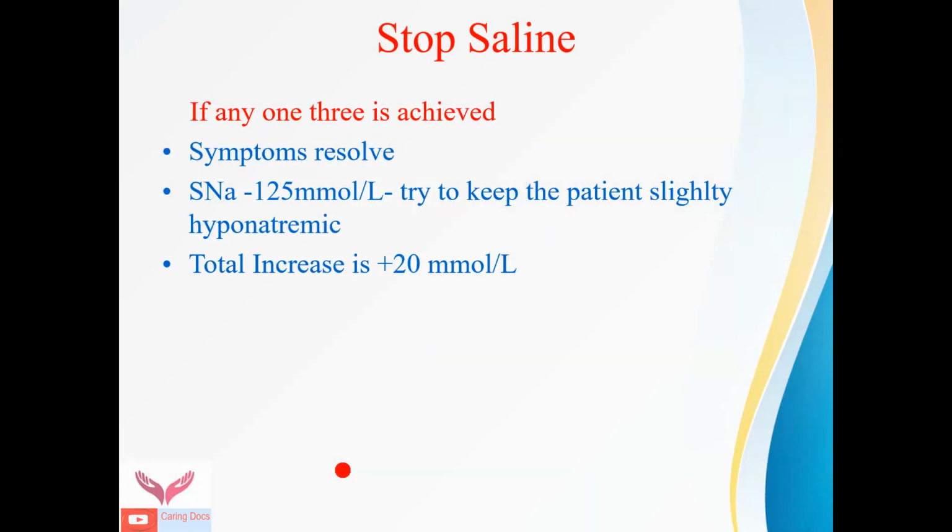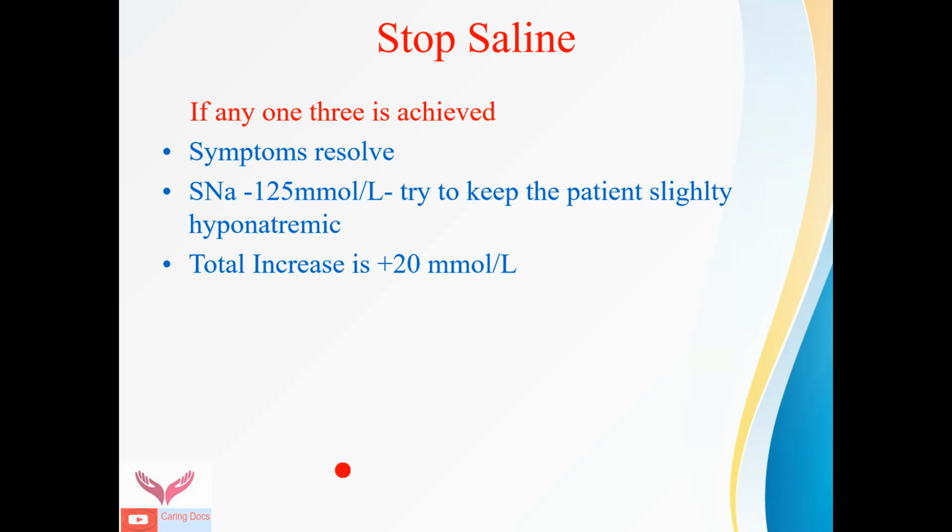When should we stop the saline? Stop the saline if any of these three things is achieved. First, the symptoms of the patient resolve. Second, a serum sodium level of 125 millimole per liter is achieved. Always try to keep the patient hyponatremic; never overcorrect or correct to his normal range.